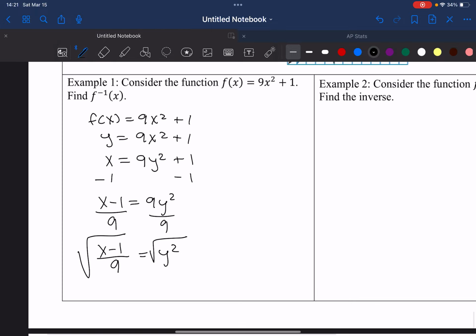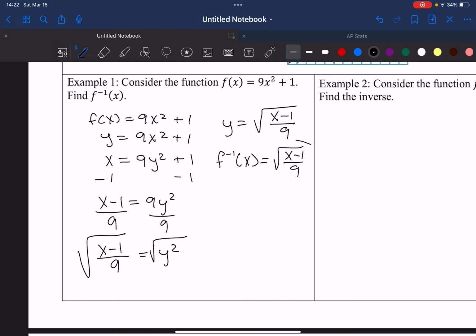So I am left with y is equal to the square root of x minus 1 over 9. Well, remember, instead of y, I need to write f inverse of x. So this y becomes f inverse of x is equal to the square root of x minus 1 over 9. That's my answer.